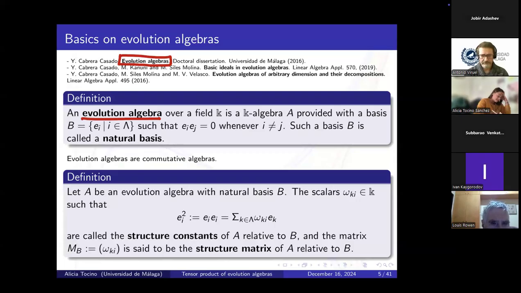with a basis such that the product of each two different elements is 0. And such a basis is called a natural basis. Just to comment that evolution algebras are commutative.